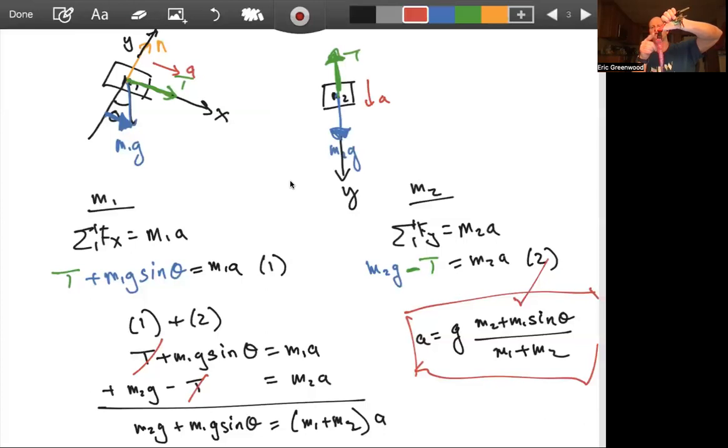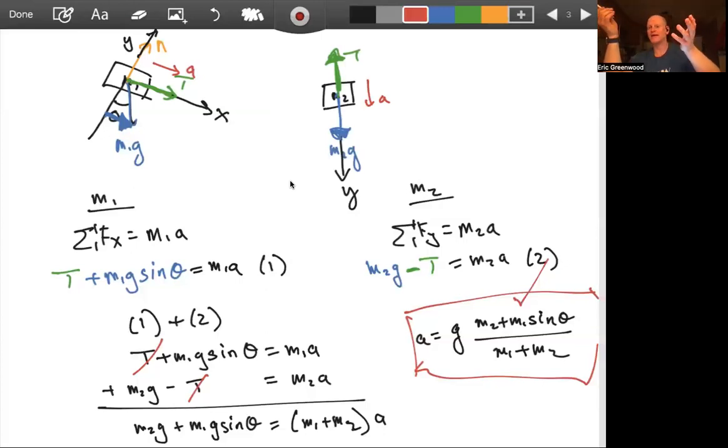But that's because my pulley is massless and frictionless. Once it is no longer massless and frictionless, these two tensions won't be the same anymore, but it will still be true that the two objects have exactly the same acceleration. So that's what the third law tells us: these two have to have exactly the same acceleration.